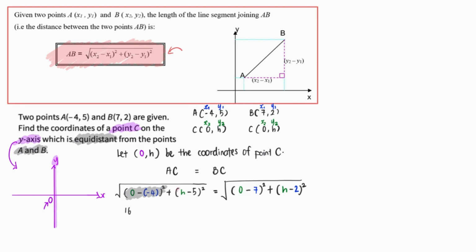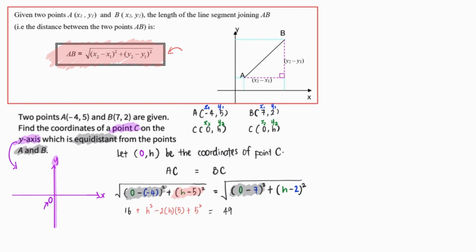I'm going to expand and simplify this to give me h square minus 2 times h times 5 plus 5 square, equal to, again replicating, this will give me a value of 49.